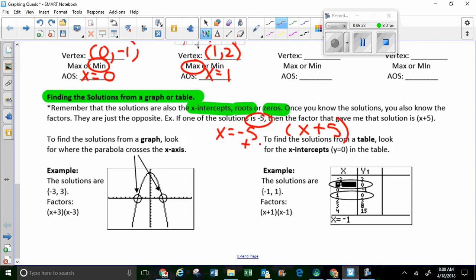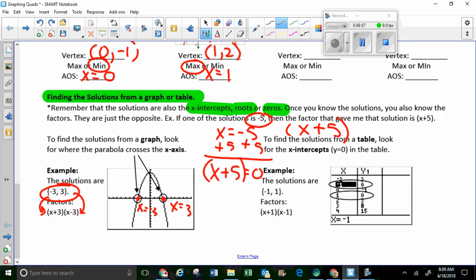Think about adding that 5 back to the other side to set it equal to 0 again. And that's your factor. To find the solutions from a graph, we think of them as x-intercepts. So look for where the parabola crosses the x-axis. Here that happens at 2 points, at x equals -3 and x equals 3. So my solutions are -3 and 3, and my factors would be the opposite.